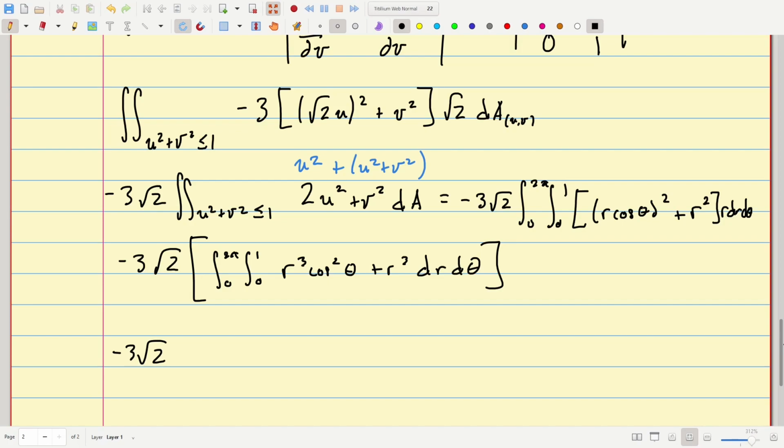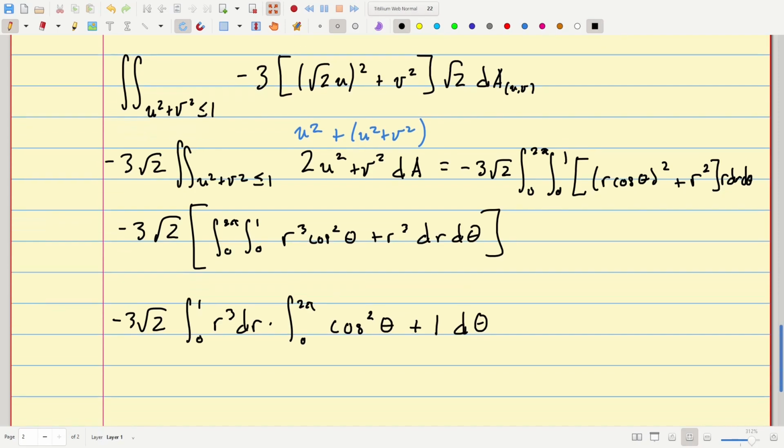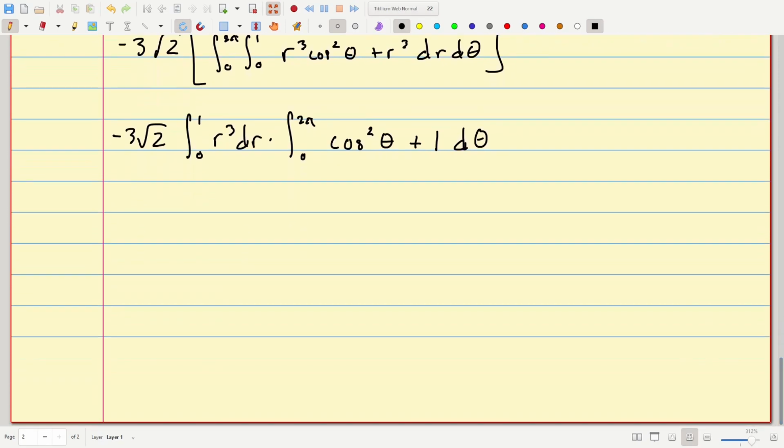Okay, we can factor out r cubed. The integrals separate. And now we can work this out. First integral is 1/4. That's easy to see.